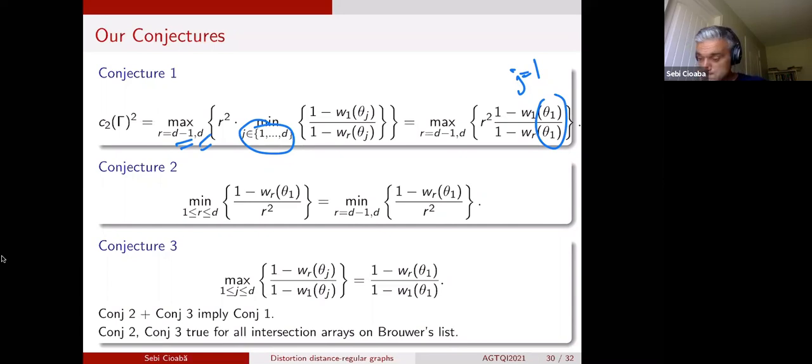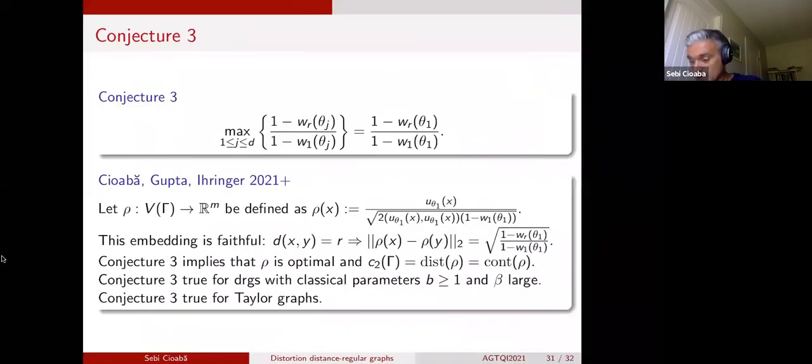Let me quickly give you one page for each of them. I'll start with conjecture 3. Conjecture 3 is about an embedding, and I think it's actually equivalent to the fact that the embedding on the second eigenspace, the eigenspace corresponding to θ1 in a distance regular graph, is an optimal embedding.